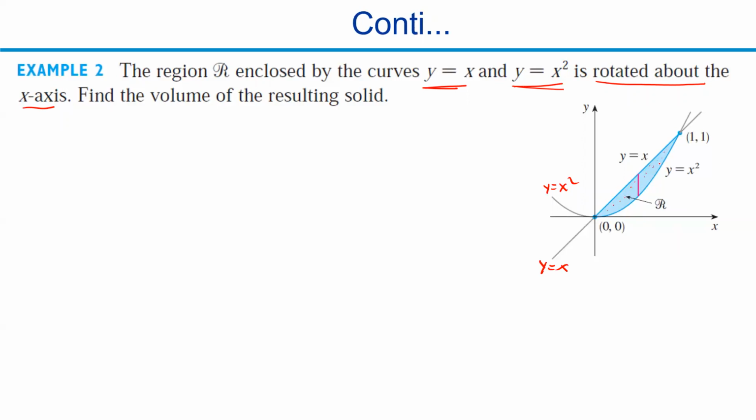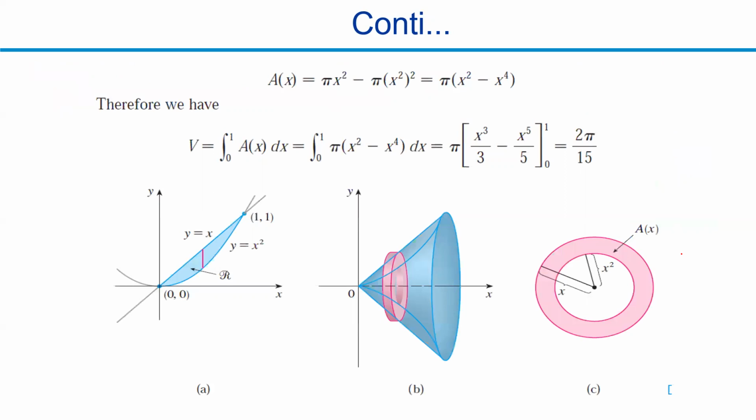So upon rotating this bounded region along the x-axis, what will you obtain? It will be of this type, a shape like this. This is the region given to us, and upon rotating, you'll obtain this solid region.